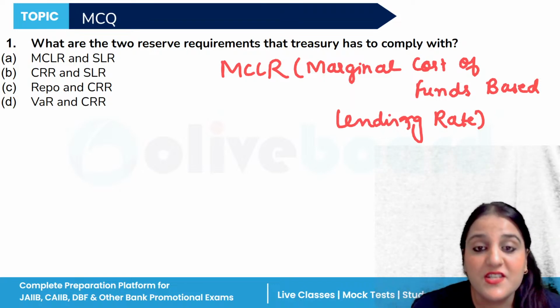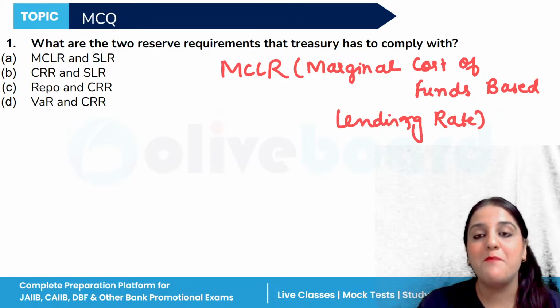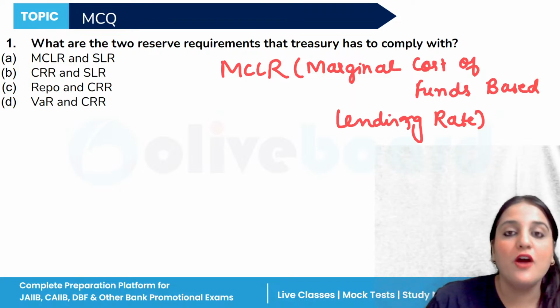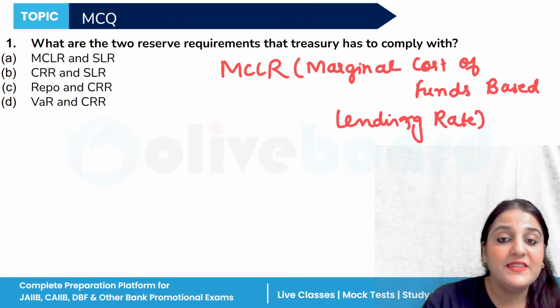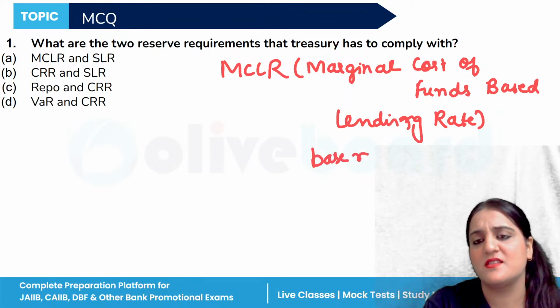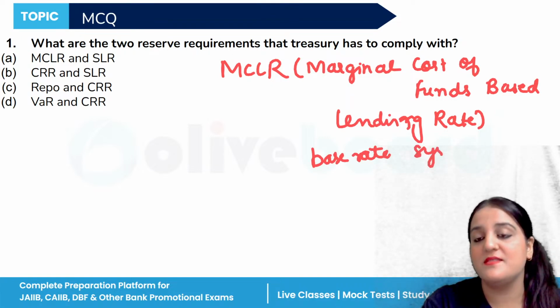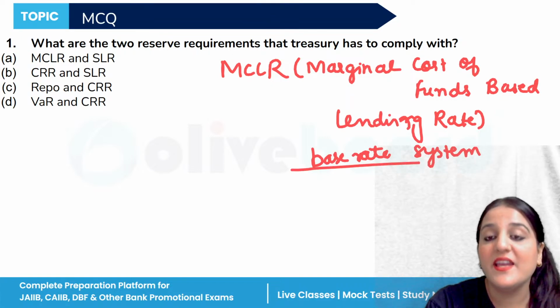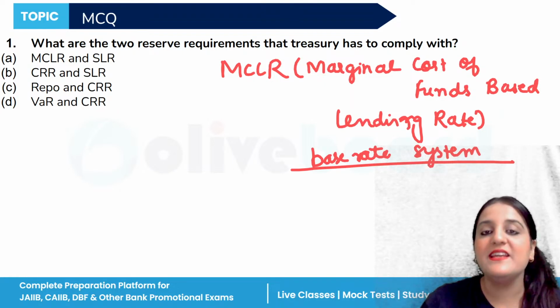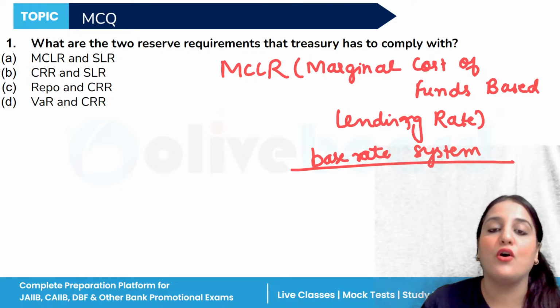It is determined based on the bank's cost of funds, the operating cost, and the tenor premium. It has also replaced the base rate system in India, and serves to better align lending rates with the bank's cost of borrowing.